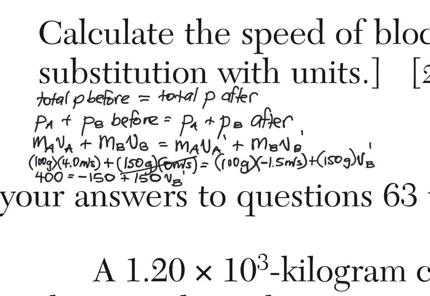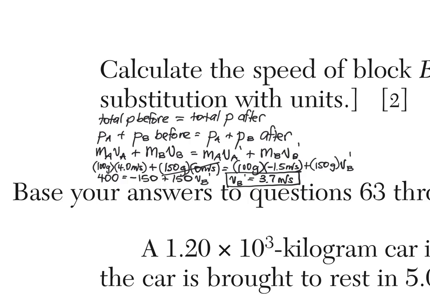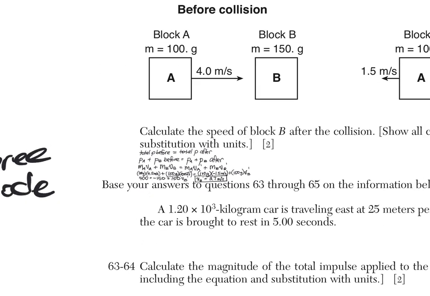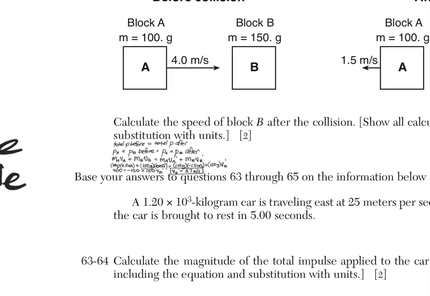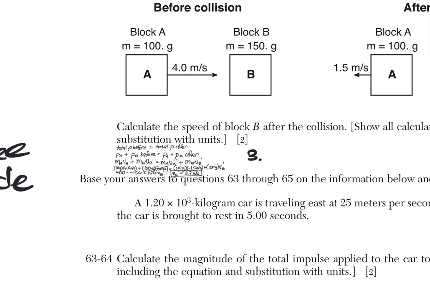And so let's collect terms and solve for the velocity of B after. And so when we work the numbers, we get a velocity of B of 3.7 meters per second, speed of block B after the collision. This is going to get real small, so I'll rewrite it here. 3.7 meters per second.